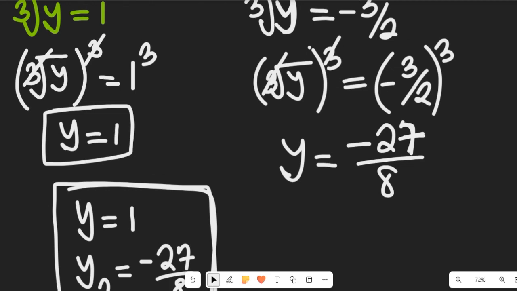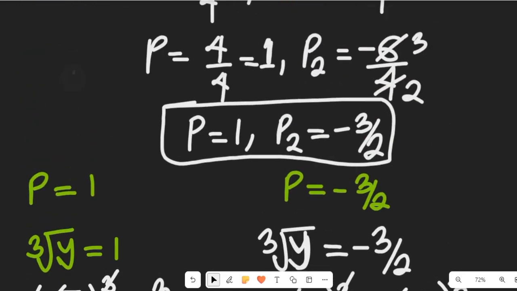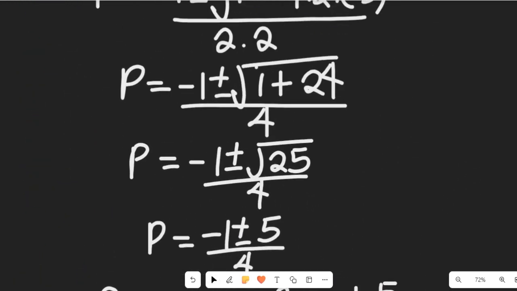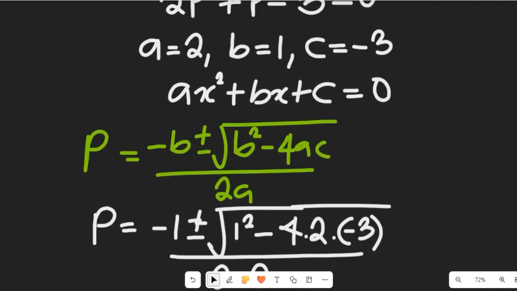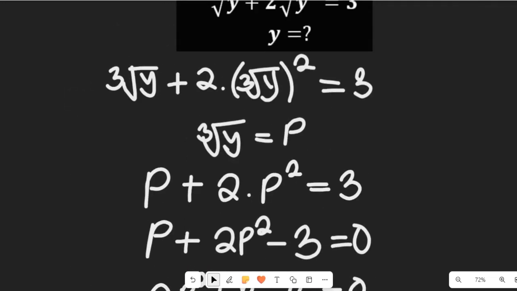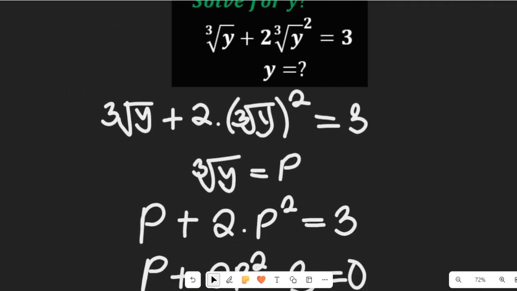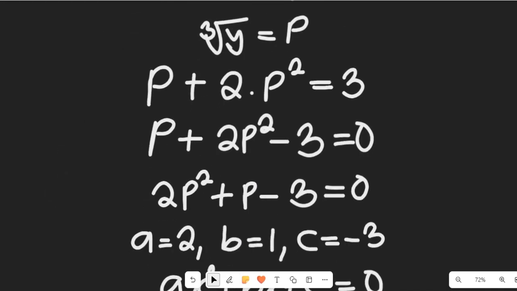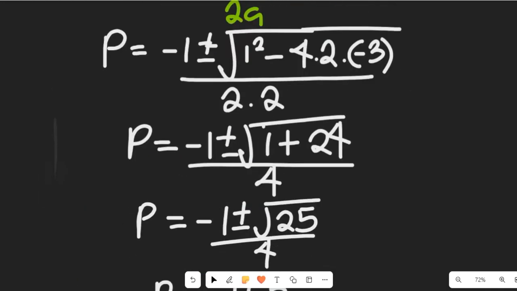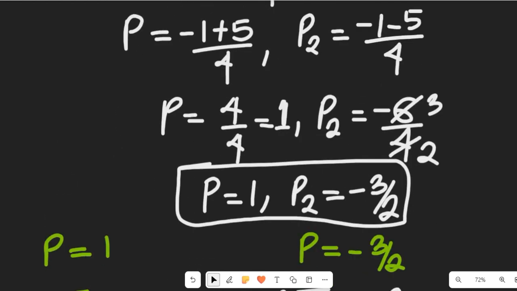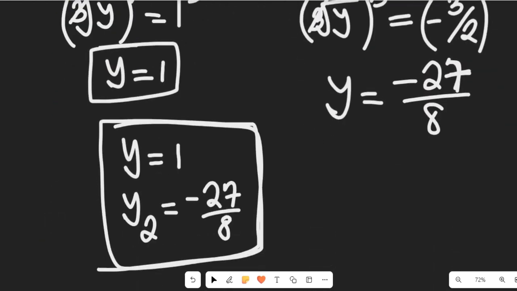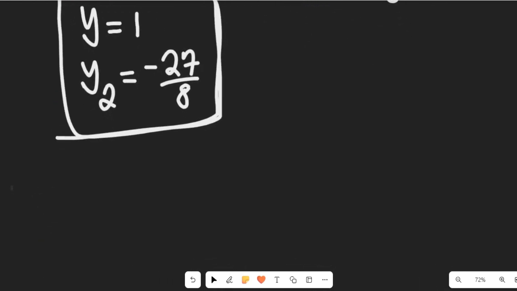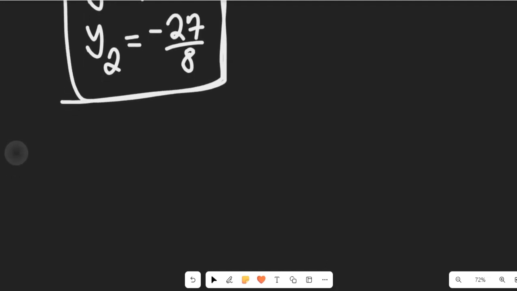Now the question is, how true are these solutions? Can we confirm this solution? We're going to check by inserting the value of y equal to 1 into the original expression. Given the original expression, y is equal to 1 and y is equal to negative 27 divided by 8. Let's check to see if our solution is right.